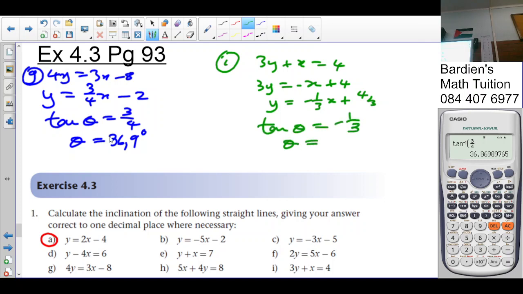So arctan of negative a third is going to be negative 18,4. Then add 180 to it, because the angle is obtuse. That gives you 161,6. Okay.